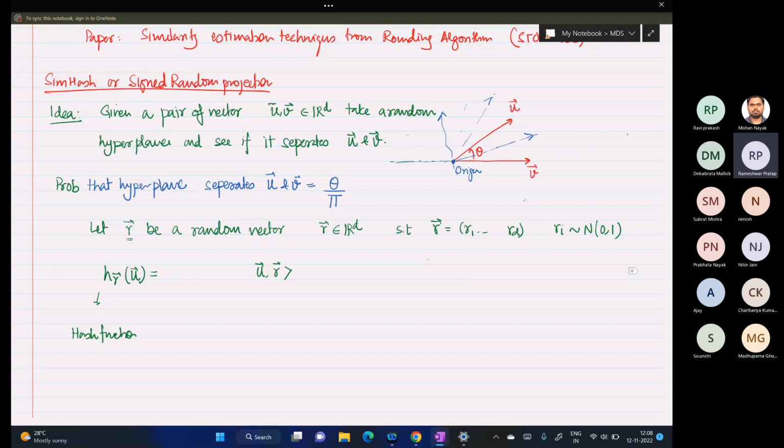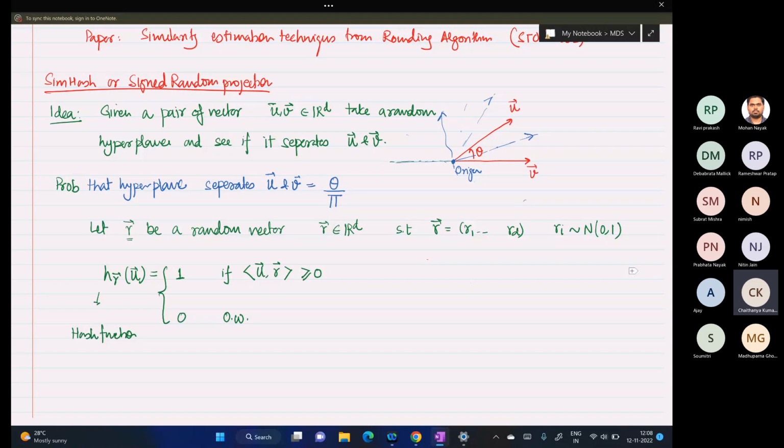We calculate the dot product of u and r, and if its sign is non-negative, the hash value is 1, and 0 otherwise.